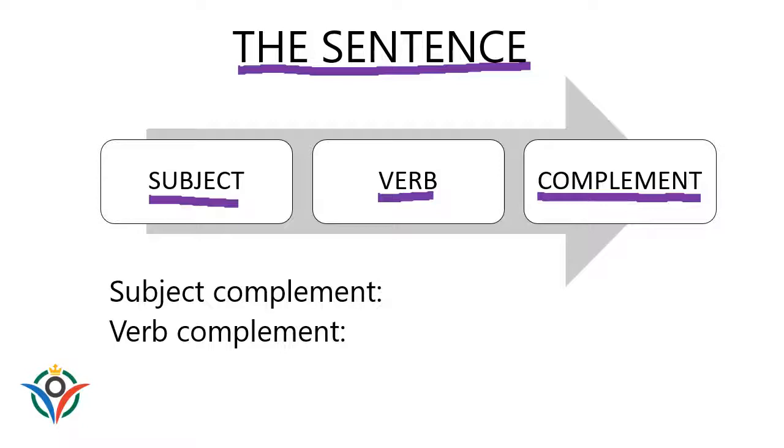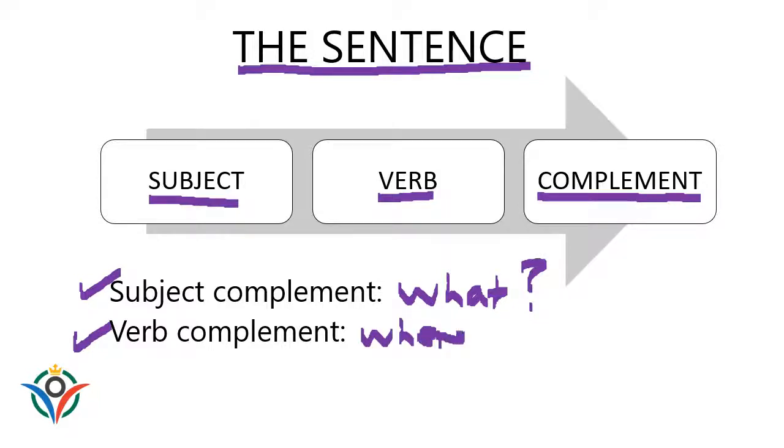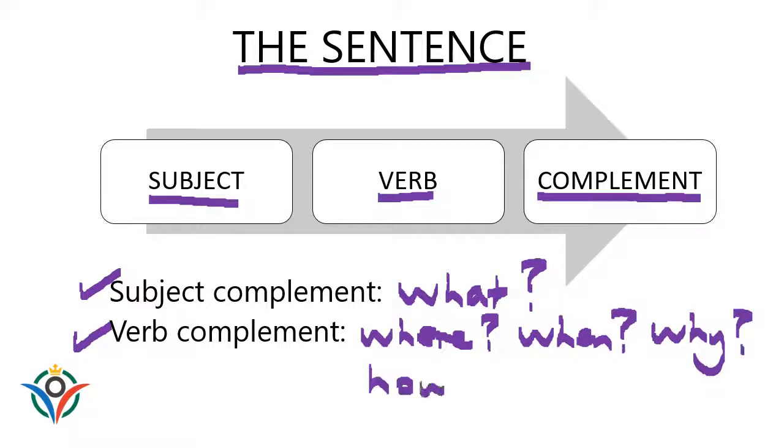And therefore we have a subject complement and a verb complement. The subject complement generally tells us what about the subject, and the verb complement tells us where, when, why, and how about the verb.